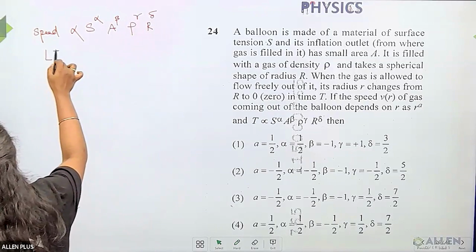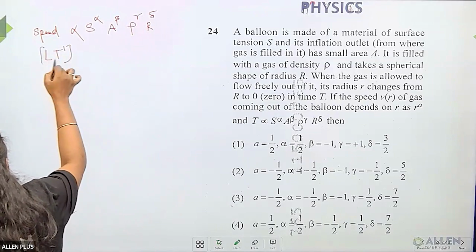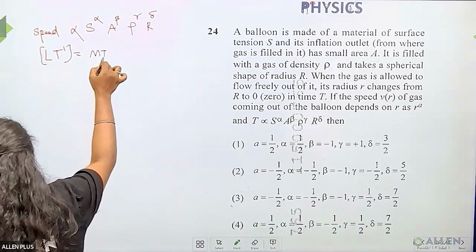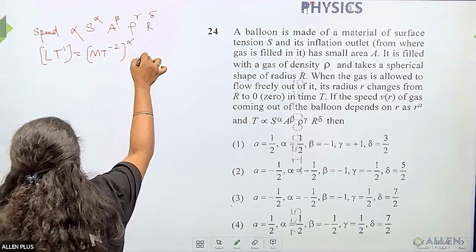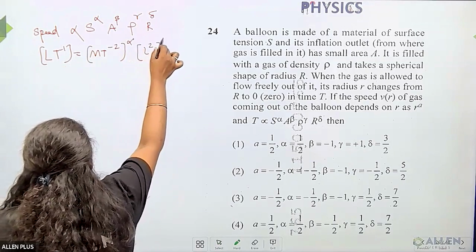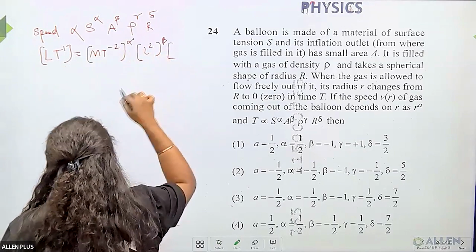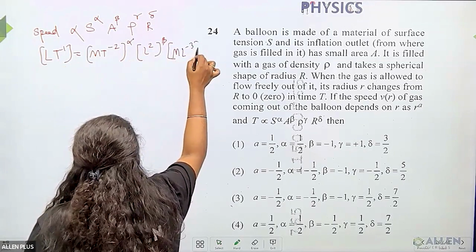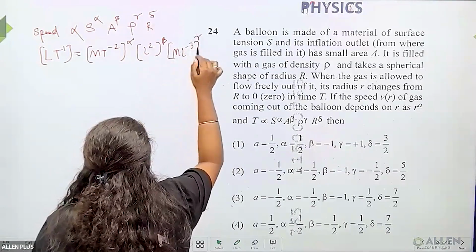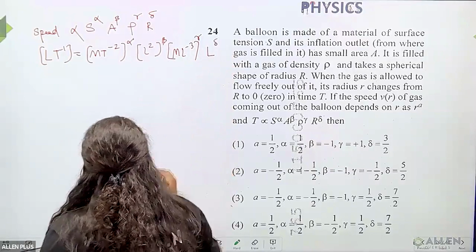I can say L T inverse is equal to M T to the power minus 2 alpha, L square beta, density M L to the power minus 3 gamma, and L delta.